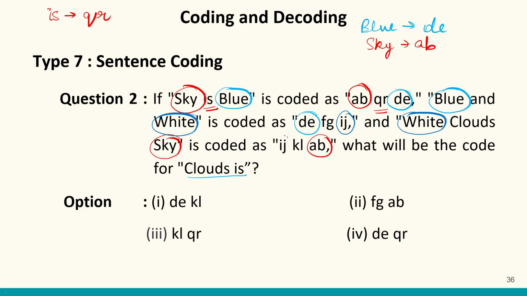So IJ is the only common code. So white is coded as IJ. So in this sentence, white clouds sky, the only word that remains is clouds. And the only code that remains is KL. So clouds will be coded as KL. So our answer will have both KL and QR, which is option number 3. So option number 3 will be our answer.